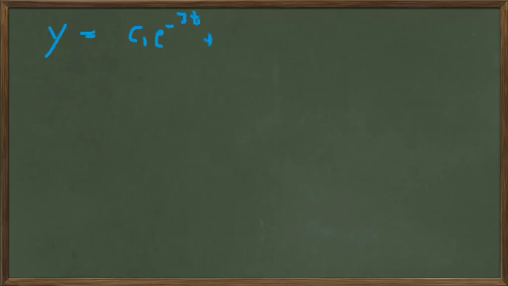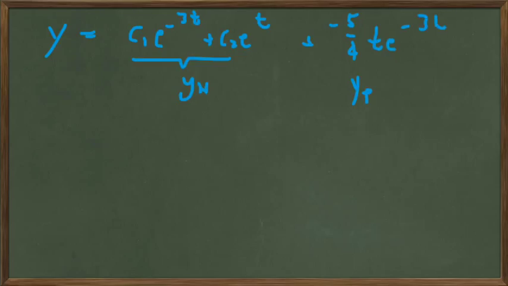So for this first differential equation, we get y equals yh, c1 e to the minus 3t plus c2 e to the t. That is our yh, plus our yp, and the yp was minus 5/4 t e to the minus 3t.